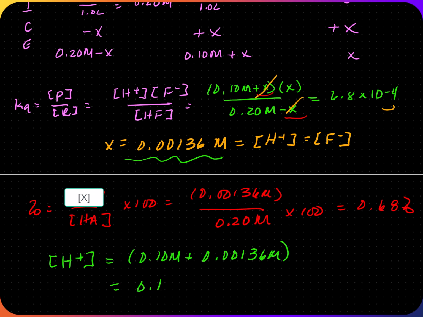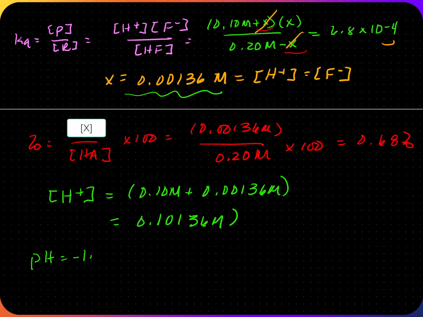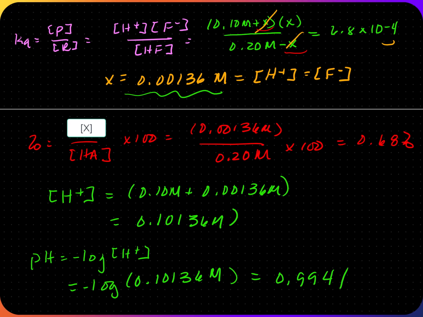This equals 0.10136 molar. pH is equal to negative log H plus, which is negative log of 0.10136 molar, equals 0.9941. Since it had 2 sig figs, rounded to 2 sig figs is 0.99. For pH, sig figs start after the decimal.